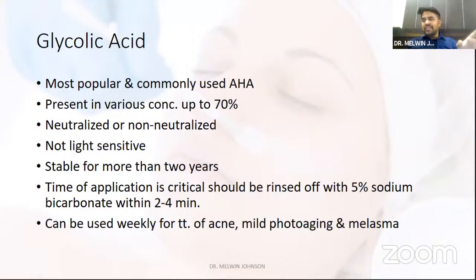Degreasing solution can be acetone, or something that women use to remove their excessive makeup. You can use an alcohol swab, or a cleansing solution, and clean the entire face. Basically, you need to get rid of the excessive secretions of oil and some layer of stratum corneum. If there is a lot of dead skin, you can exfoliate just by scraping it off.